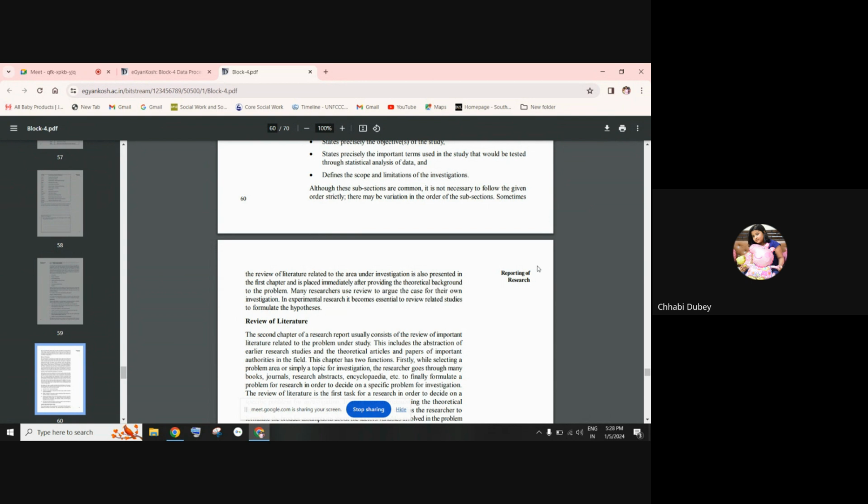So if you are doing research on some aspect of juvenile delinquency, then in the literature review, you are going to write an abstraction about the various different studies that took place on that particular aspect of juvenile delinquency.